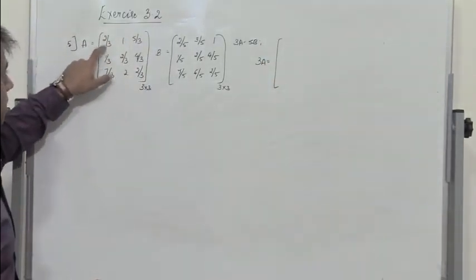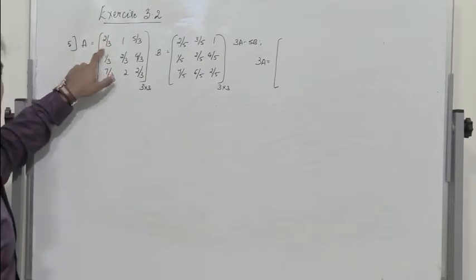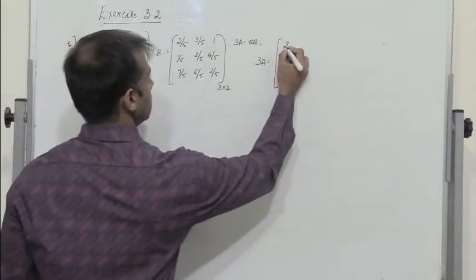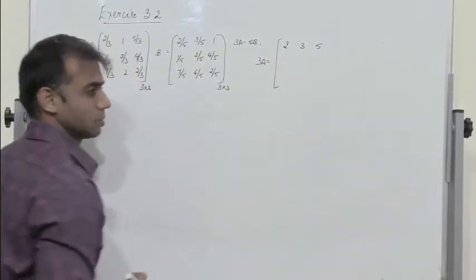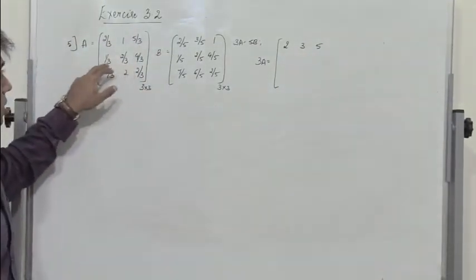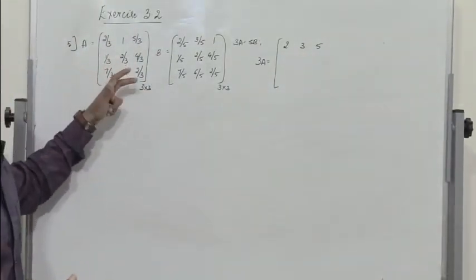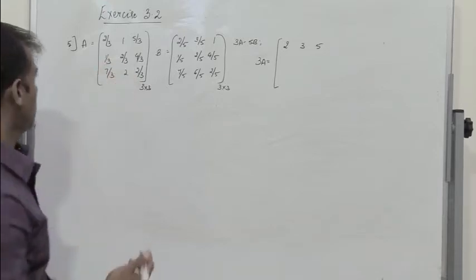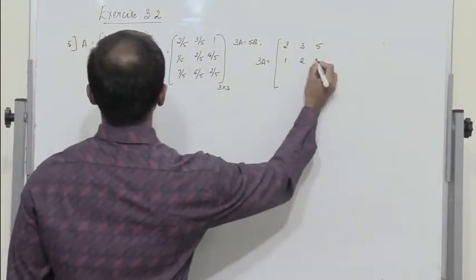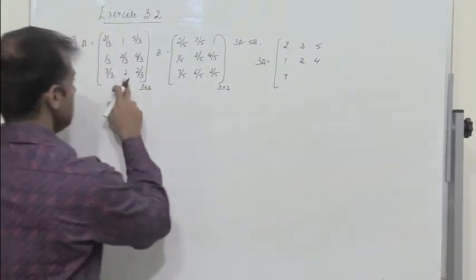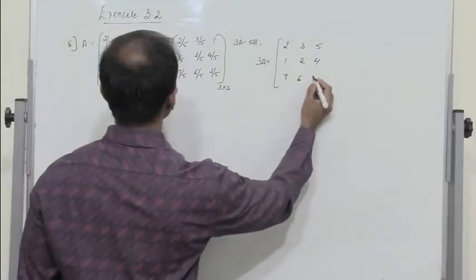Since I have 2 by 3, 2 by 3 into 3 is 2. So I get 2, 3, 5. I am multiplying all the elements with 3, so wherever I have 3 in the denominator, it gets cancelled. So I get 1, 2, 4. And then 7. So here 2 into 3 is 6. And then 2.